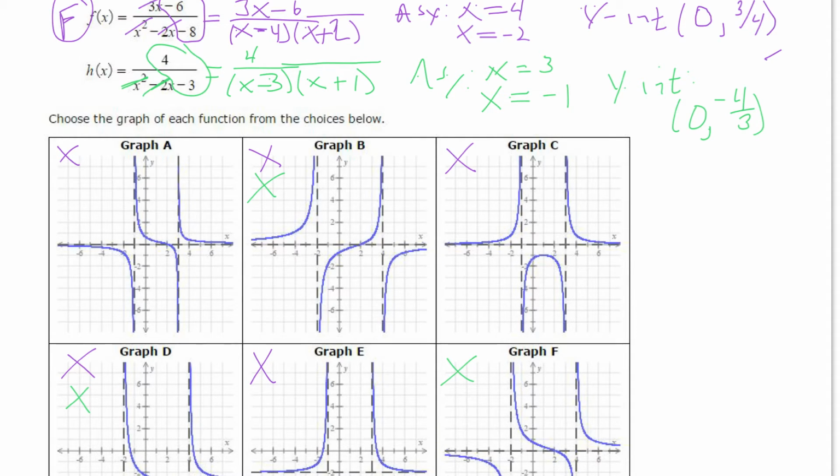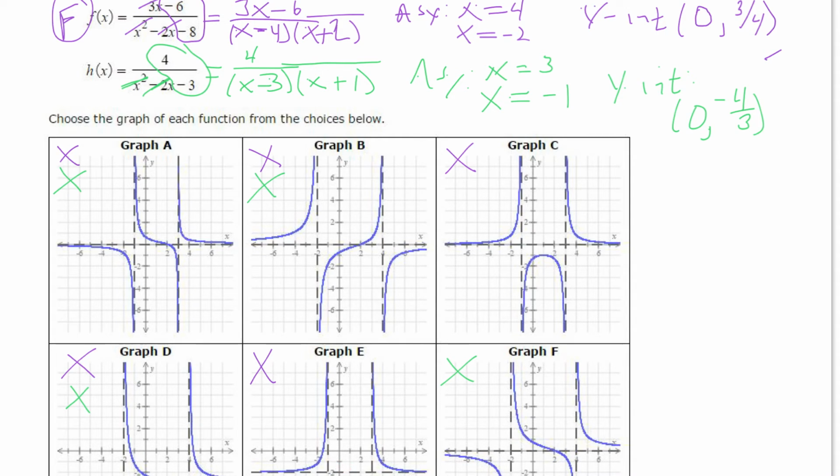If I look at the graphs I have possible, graph A has a positive y-intercept, so that won't work. Graph C has an intercept just below negative 1. So let's double check and make sure graph E does not work.